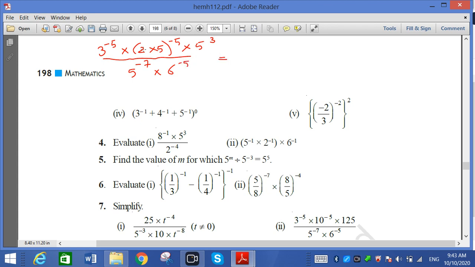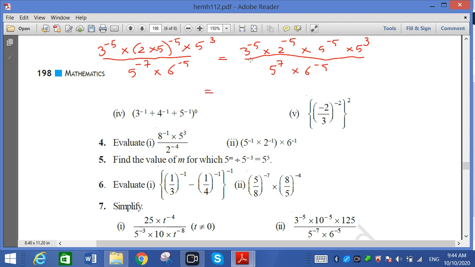Now if you see 3 to the power minus 5, if I open the bracket, it becomes (3 into 2) to the power minus 5, multiplied by 5 to the power 3 upon 5 to the power minus 7 into 6 to the power minus 5.